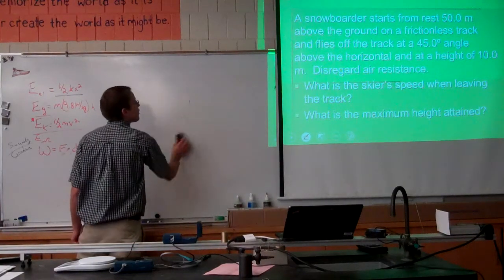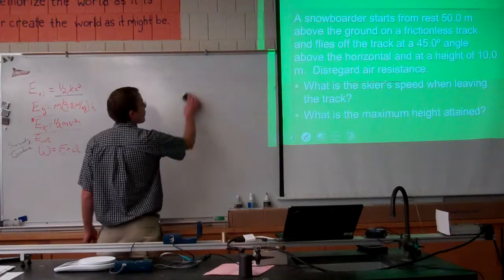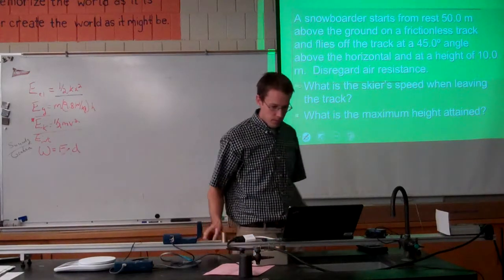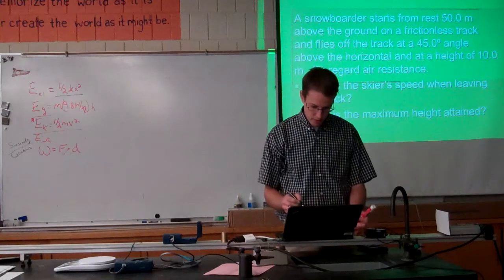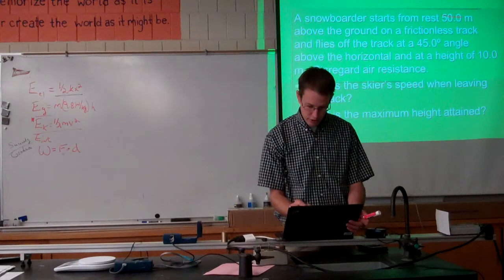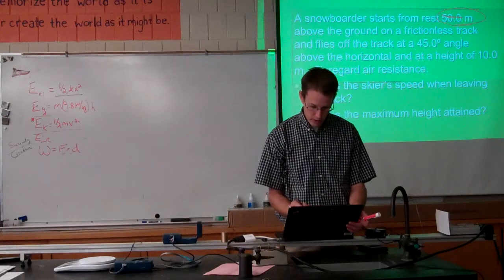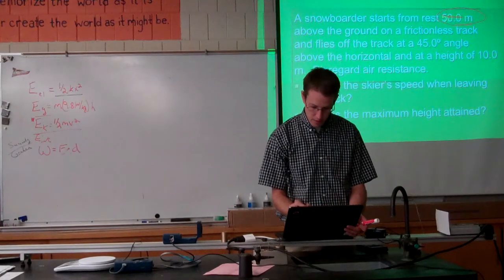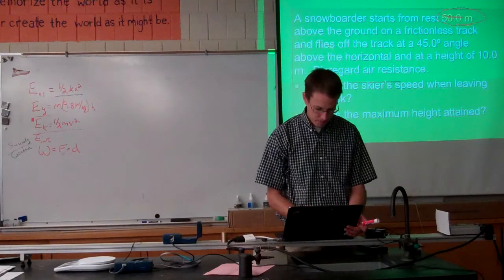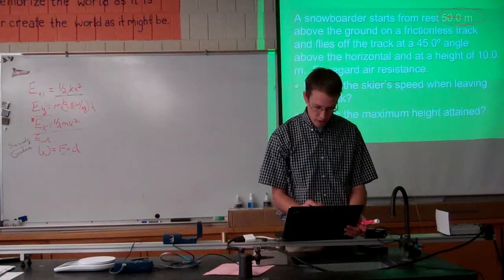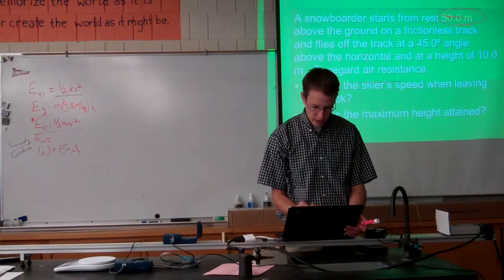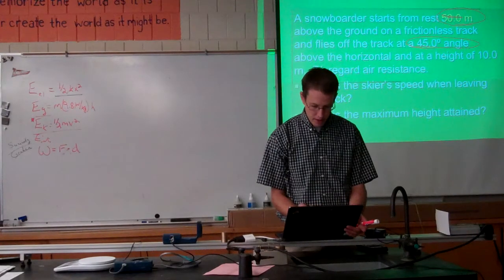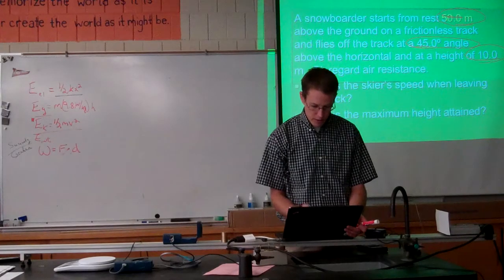So in this first situation, we have a snowboarder that starts from rest at 50 meters above the ground on a frictionless track. I'm going to highlight our different terms. The snowboarder flies off the track at a 45-degree angle above the horizontal at a height of 10 meters.